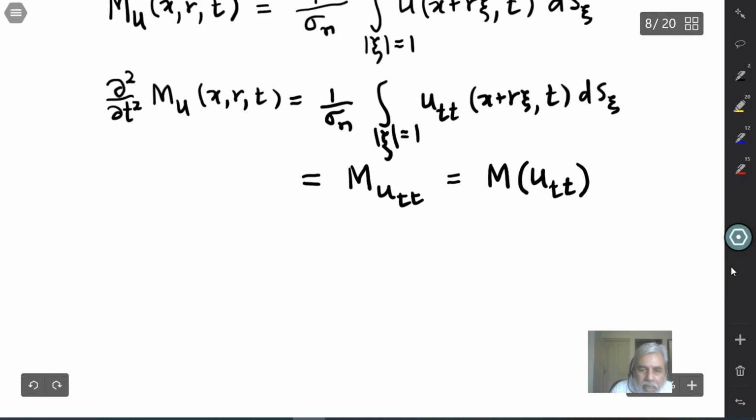In other words, this operator of differentiation and this m combine.